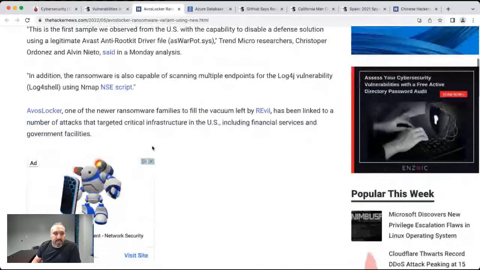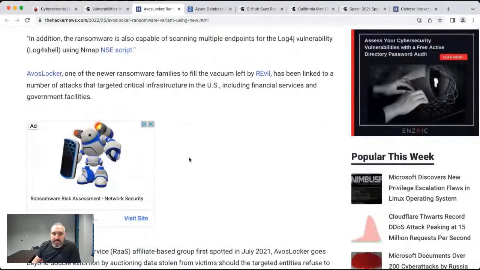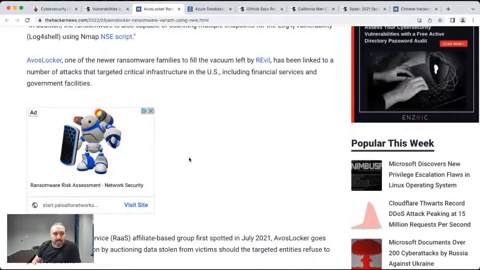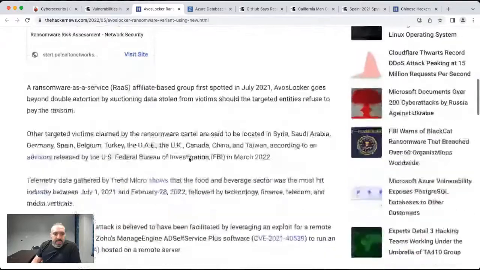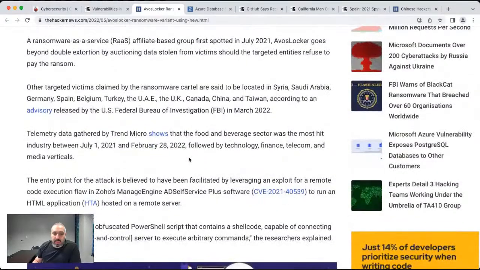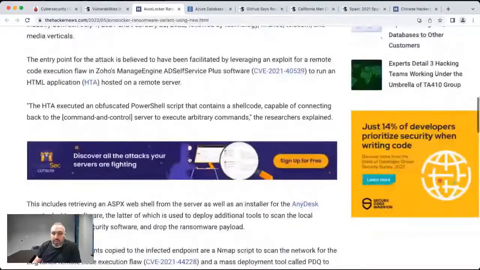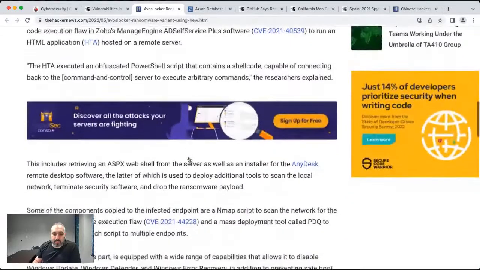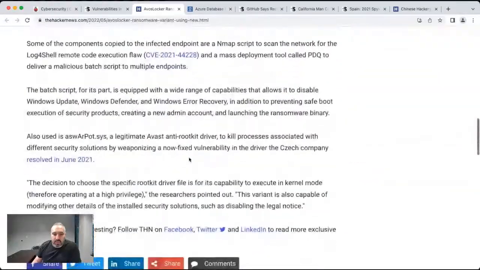In addition, the ransomware is also capable of scanning multiple endpoints for the Log4j vulnerability using Nmap and an NSE script. AvosLocker, one of the newer ransomware families to fill the vacuum left by REvil, has been linked to a number of attacks that targeted critical infrastructure in the US, including financial services and government facilities. The ransomware-as-a-service affiliate has been around since July of 2021, and now we're actually seeing them take advantage of a slew of things, including disabling the AV with legitimate files in order to launch their ransomware attack.